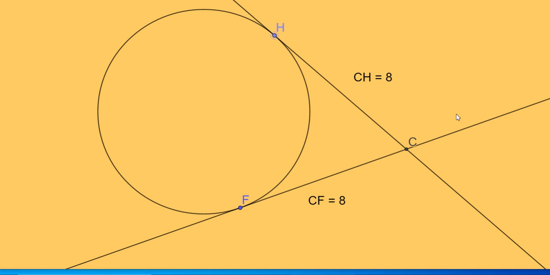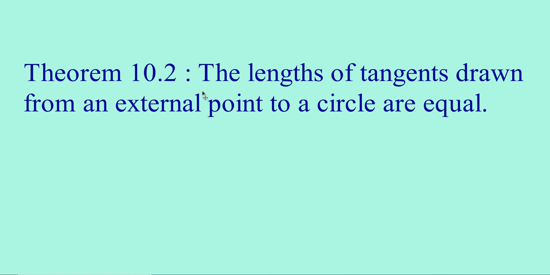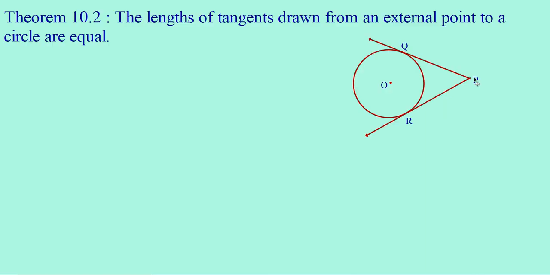Tangents from an external point are equal in length. The theorem is: the length of tangents drawn from an external point to a circle are equal. Here we are given a circle with the center O and the tangents from an external point P to the circle are PQ and PR.